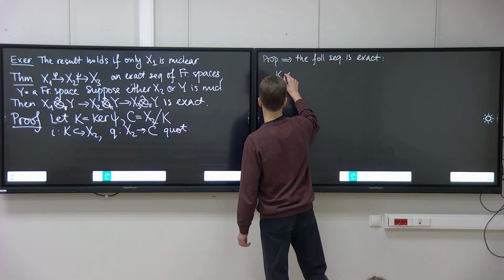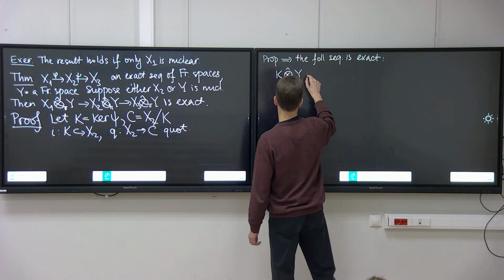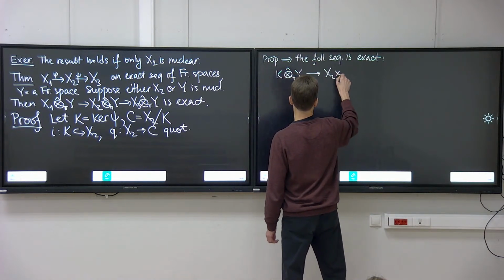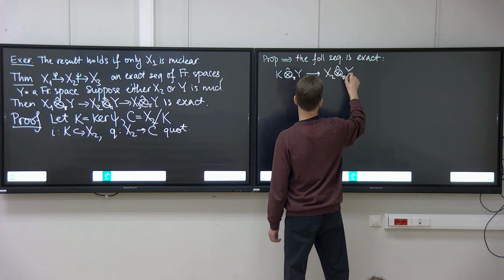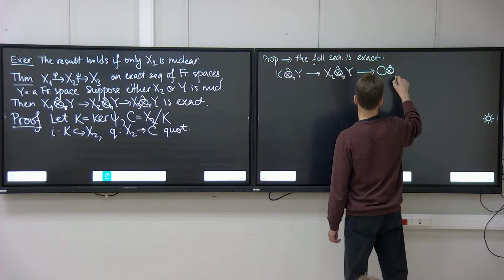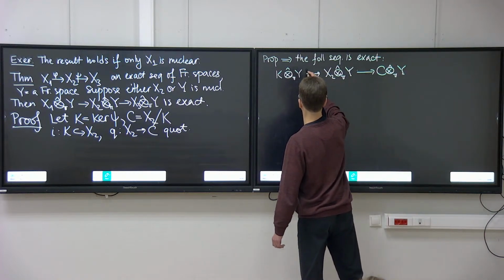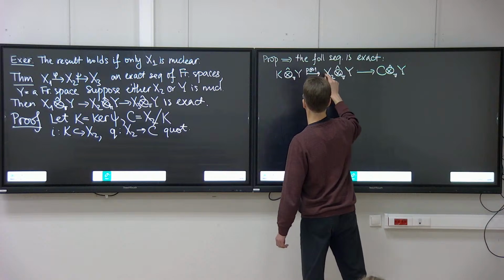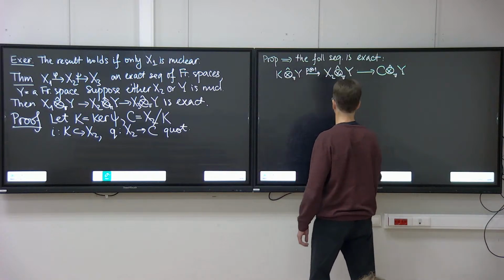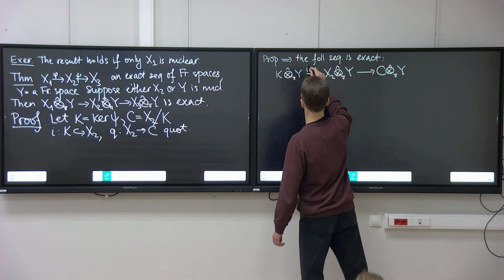K tensor y, x2 tensor y, and C tensor y. This is I tensor 1. And this is Q tensor 1.